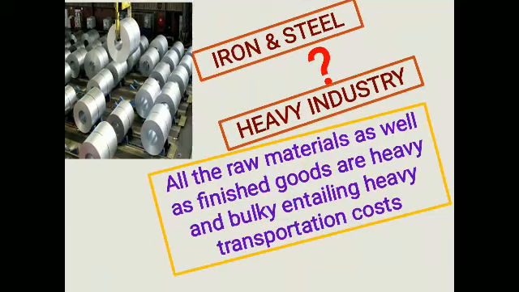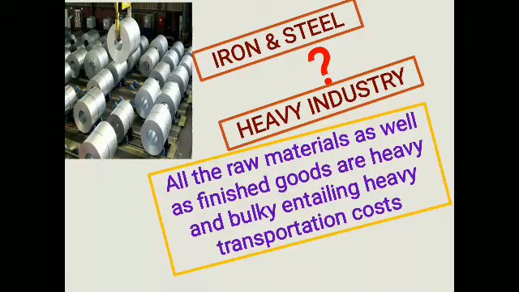Now we will see why the iron and steel industry is considered a heavy industry. Based on the bulk and weight of the raw material, it comes under the category of heavy industry. Why is it called a heavy industry? The reason is that all the raw materials as well as the finished goods are heavy.